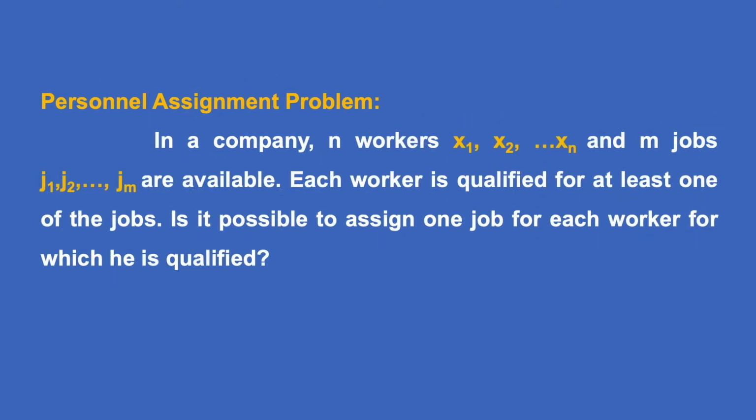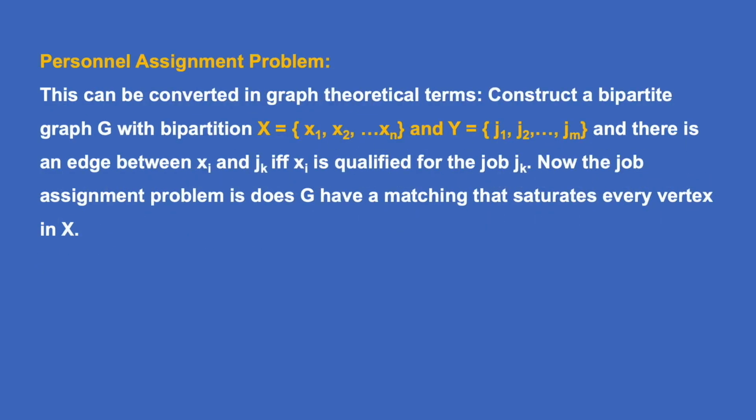In a company, n workers, say x1, x2, etc., xn, and m jobs j1, j2, etc., jm are available. Each worker is qualified for at least one of the jobs. Is it possible to assign one job to each worker for which he is qualified? This can be converted into graph theoretical terms.